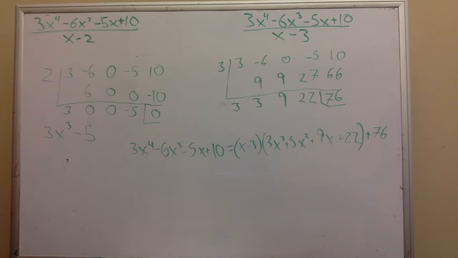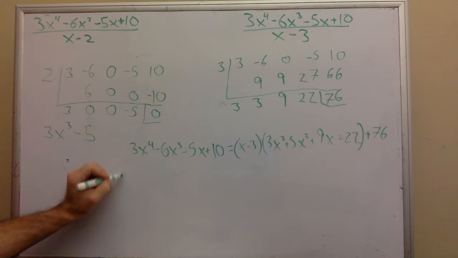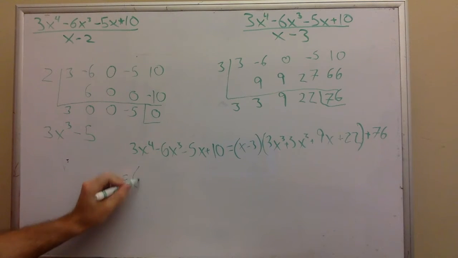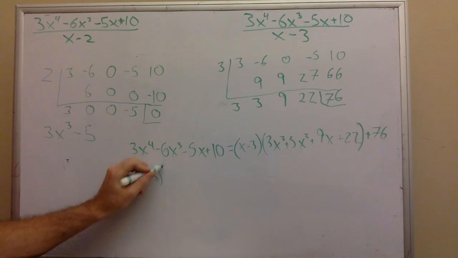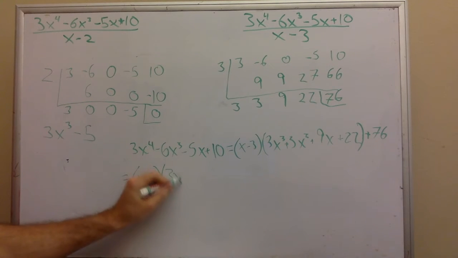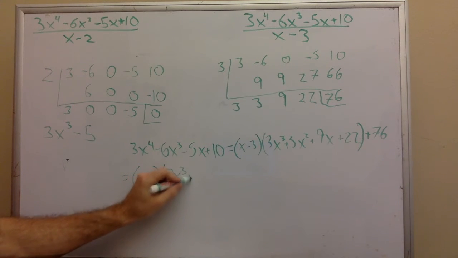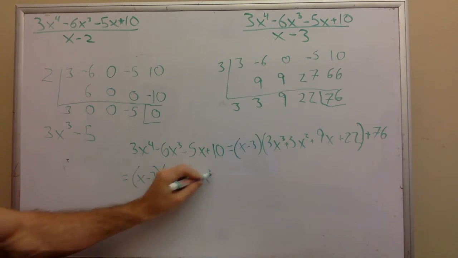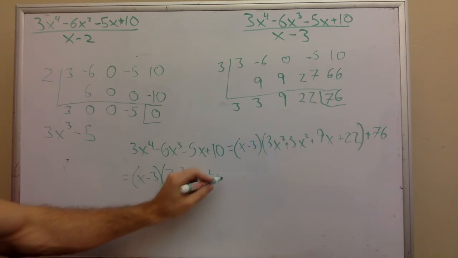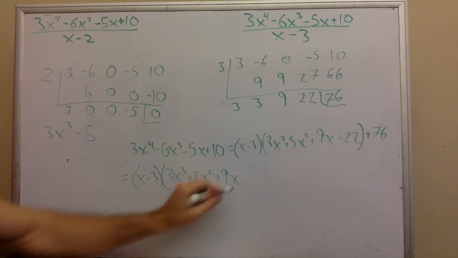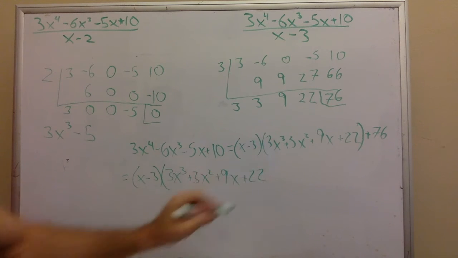Another way to write this is as before, so this again equals x minus 3 times 3x cubed plus 3x squared plus 9x plus 22.